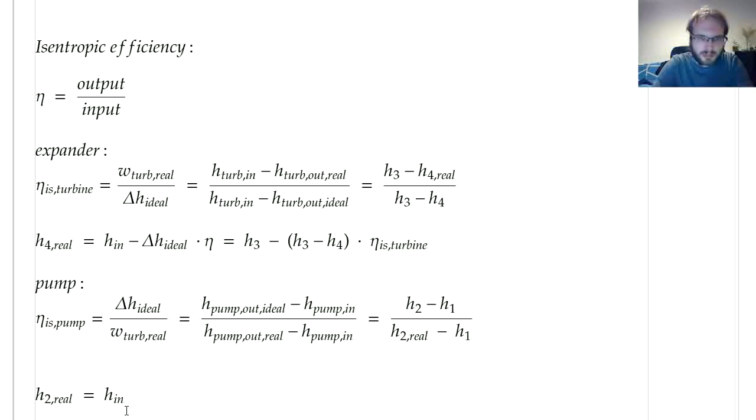But now the enthalpy is increasing, so it will be H in plus ideal enthalpy difference divided by the pump isentropic efficiency. So we have the starting point, we have ideal difference in enthalpy, but the real difference in enthalpy will be larger. We will go further right in the diagrams because the entropy is increasing.